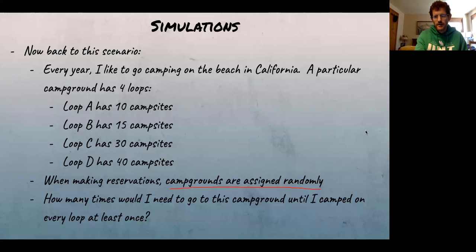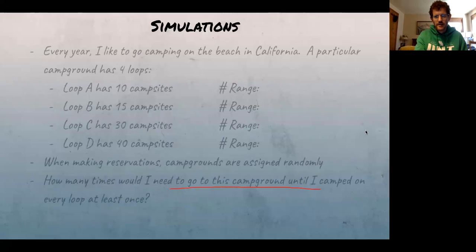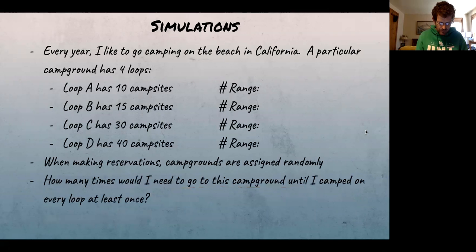I'm going to go ahead and skip to the next slide. And this gives a little bit of a clue. So really nothing's changed except I added these. What number range could correspond to a campsite in loop A?